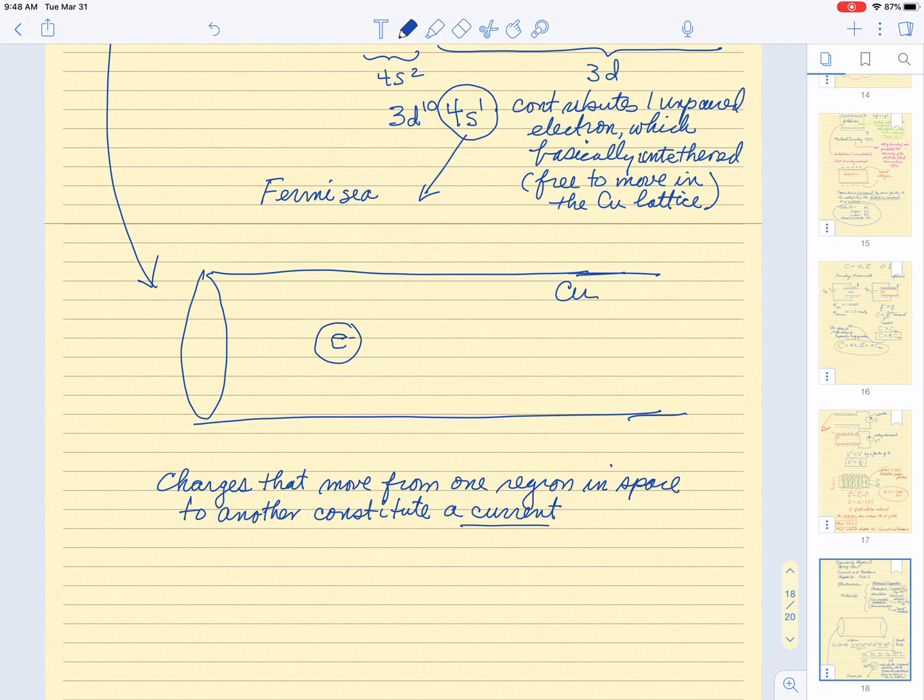A current. So whenever we have moving charge, we have a current.